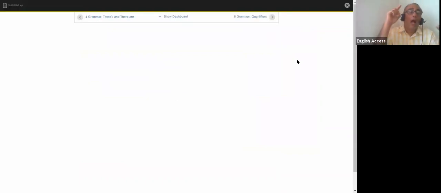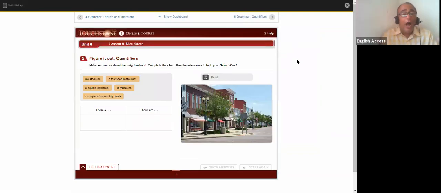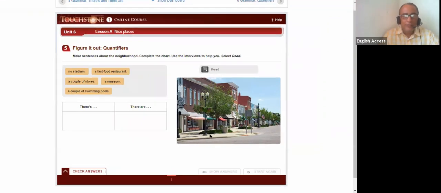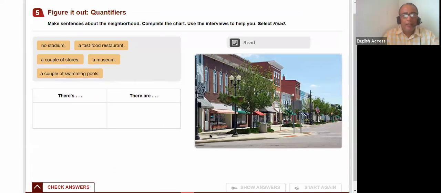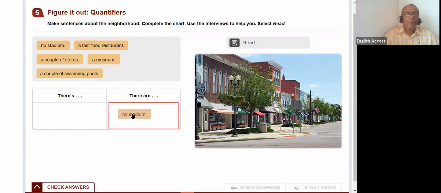Now we are going to talk about quantifiers. A lot of, some, and a couple are quantifiers. After we do this exercise, we are going to see the quantifiers. But here, to finish this, let's just place the labels in the correct box. No stadium, there is or there are?